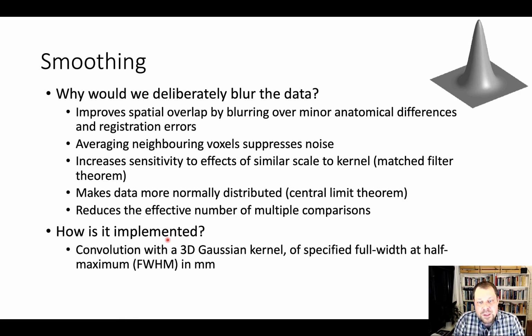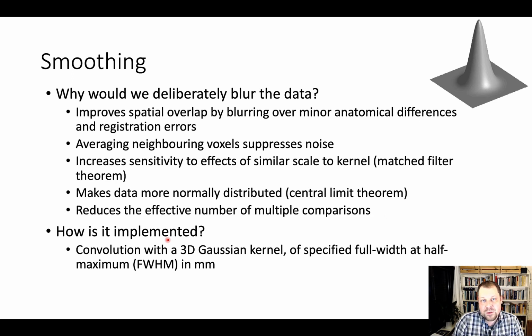It has to be said, though, based on the matched filter theorem that is common in any kind of engineering application that has signal and noise, that the filter that we use needs to be chosen quite carefully, because the sensitivity is only increased to effects of a similar scale.